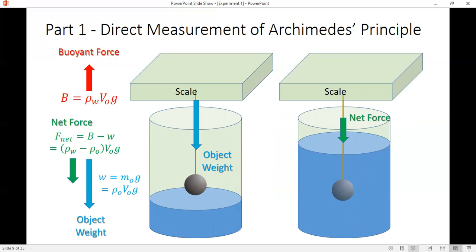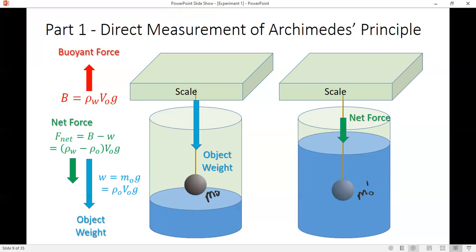So when I measure the mass of the object, I'm using its weight to then convert that back into a mass. When I submerge it, however, I'm actually getting an effective mass. Okay, it's not really the mass, but again, I'm using a force, the net force on the mass as it's submerged, to get what is an effective mass.